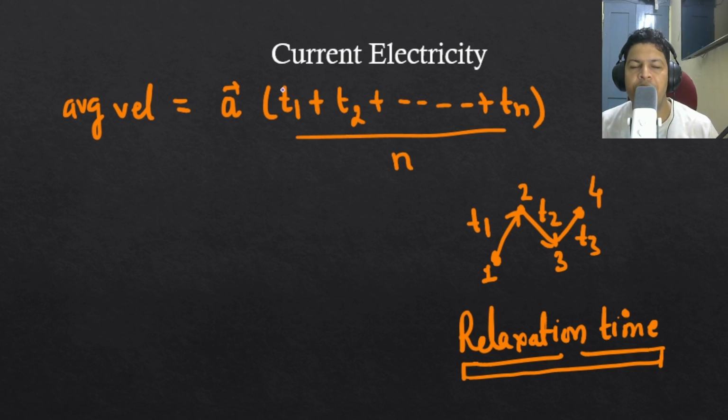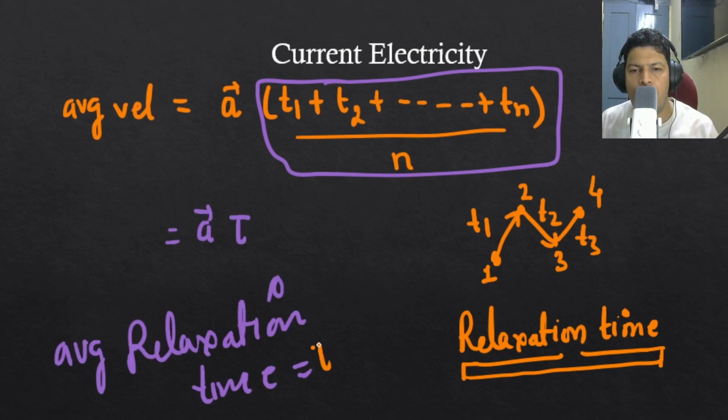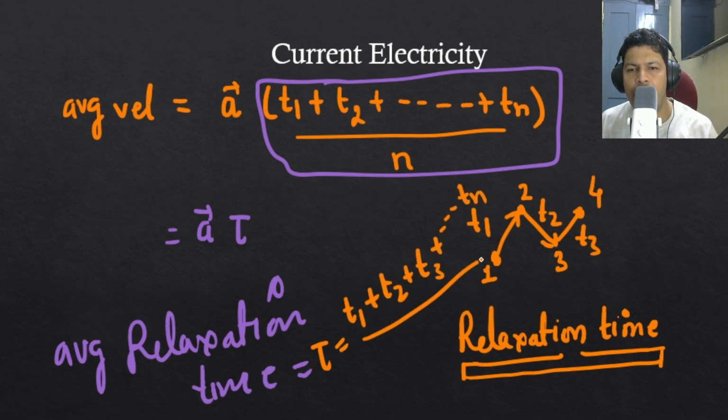So if you say T1 plus T2 plus T3 up to Tn, this term actually gives the average of the relaxation time, because these T1, T2 and Tn are relaxation times. So the average relaxation time is tau, and tau is equal to T1 plus T2 plus T3 up to Tn divided by n.